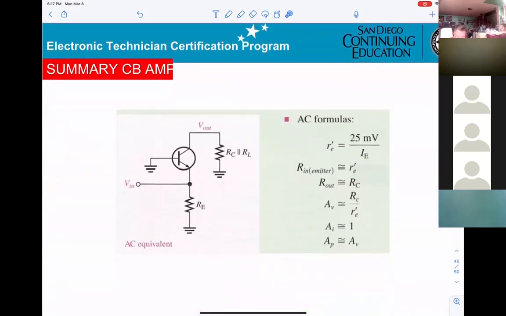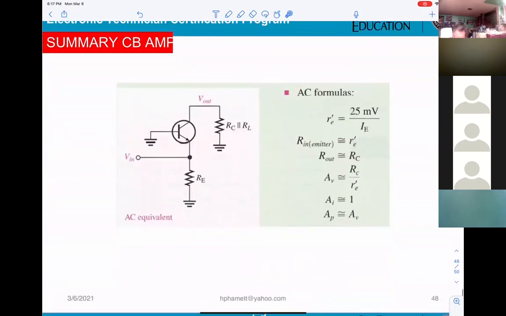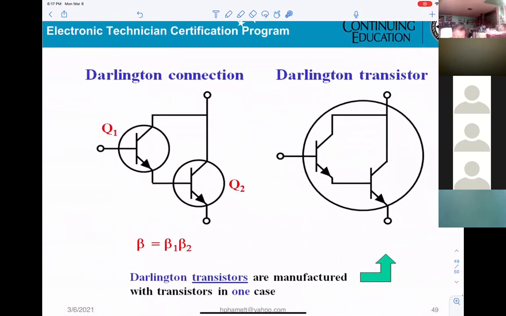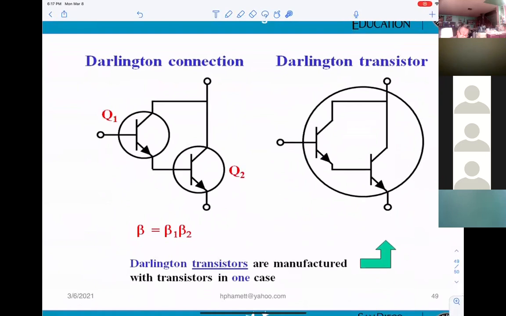And this is the formula for the AC. We already went through it. And this one also, the Darlington connection, Darlington pair. They try to increase more current gain. The first one has a beta 1.